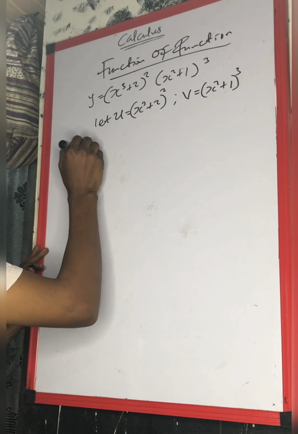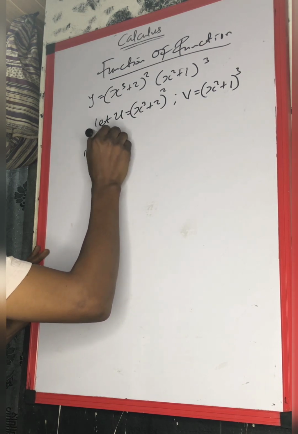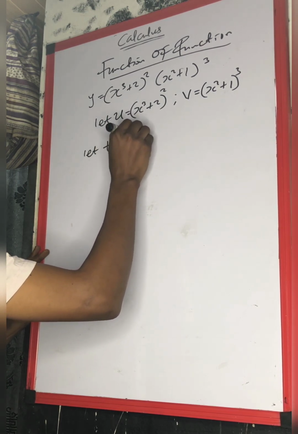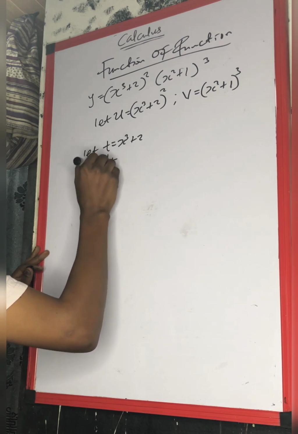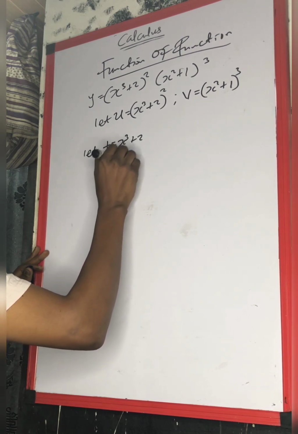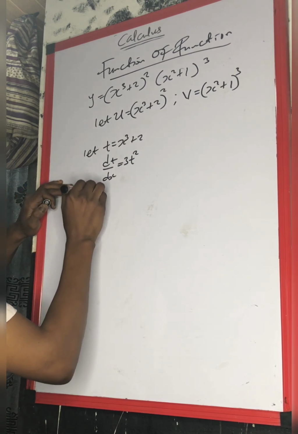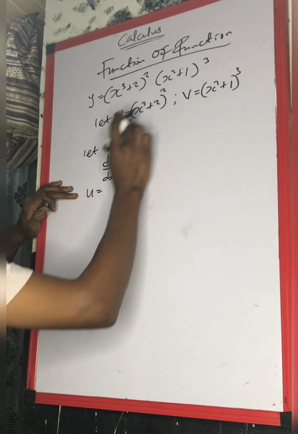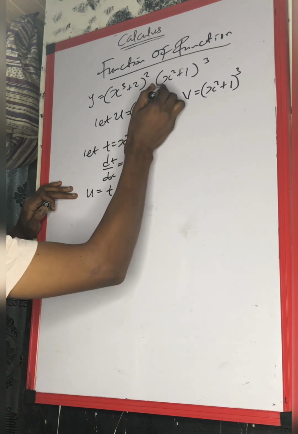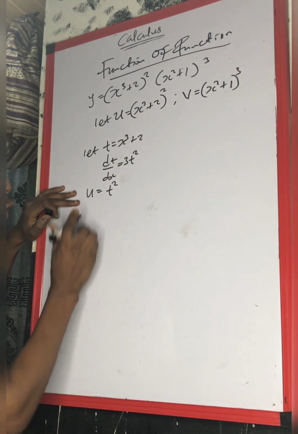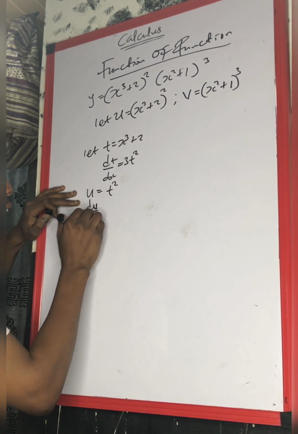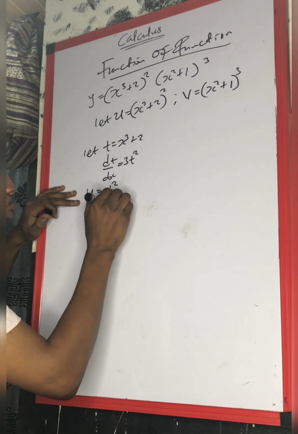I can say let t equals s cubed plus 2. So from here, dt/ds will give us 3s squared. So this time around, my u will be equal to everything inside the bracket, t raised to power 2. So du/dt will give us 2t.